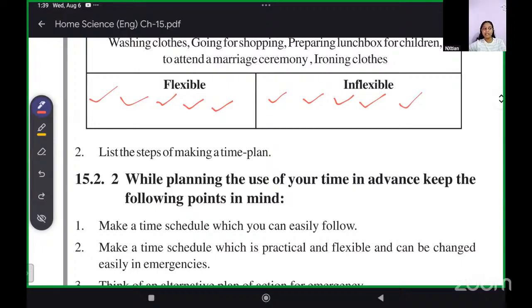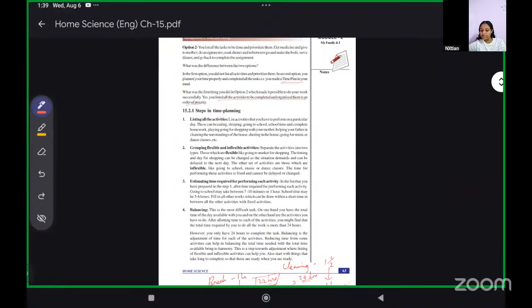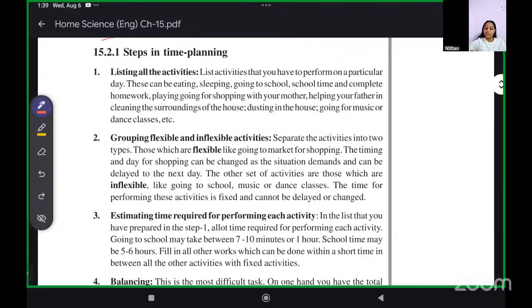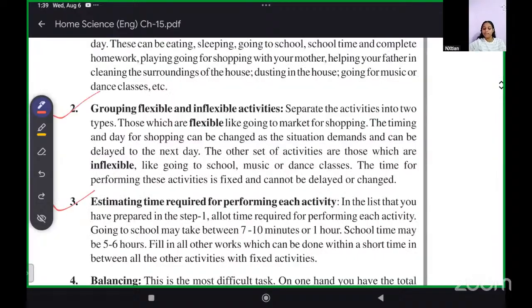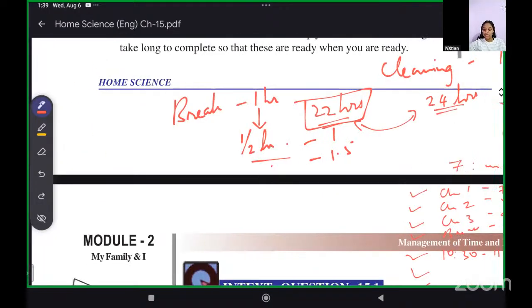We assign them a time. We balance it with the 24 hours that we have. Are we able to even complete the list? Balance it, and then we follow it. Okay. These are the steps listed down. Group flexible and inflexible. Write down the time, balance it, and then follow it.